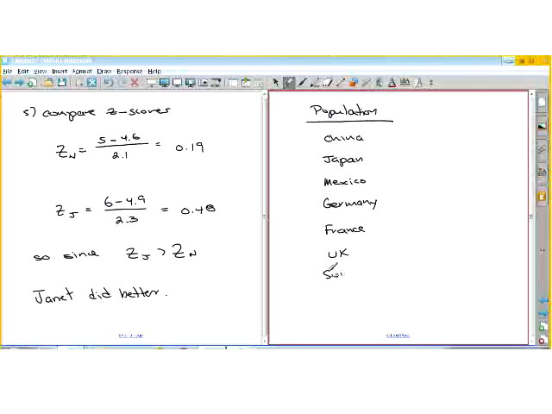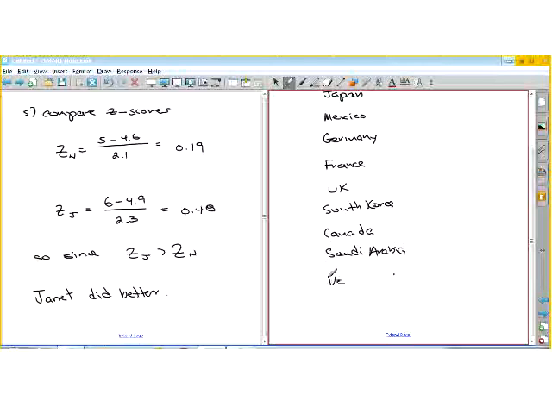So that's 61. And we have South Korea, and 48. What's the next one? 33. It's Canada. And then we have Saudi Arabia. And the smallest one is Venezuela.